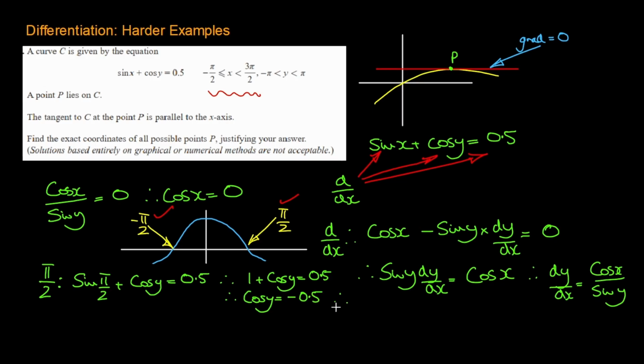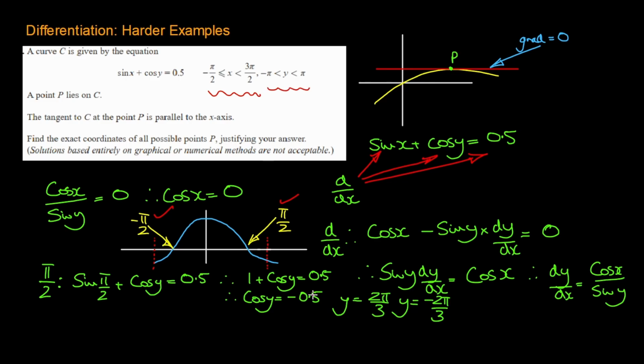If you look up cos to the minus 1 of negative 0.5, you will get that y is equal to 2 pi by 3, which would be about there. And because of the symmetry of the cosine wave about 0, the solution on the negative side is negative 2 pi by 3. Are they acceptable?